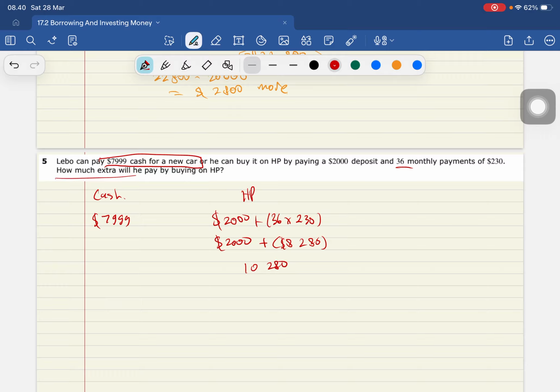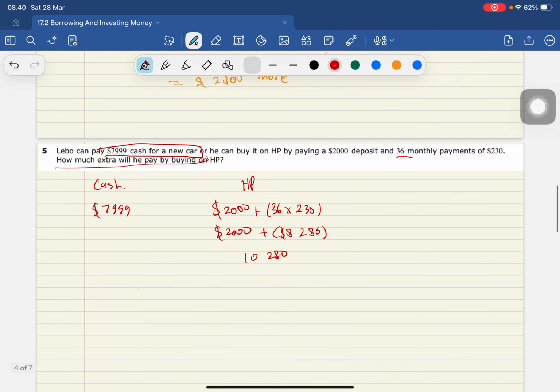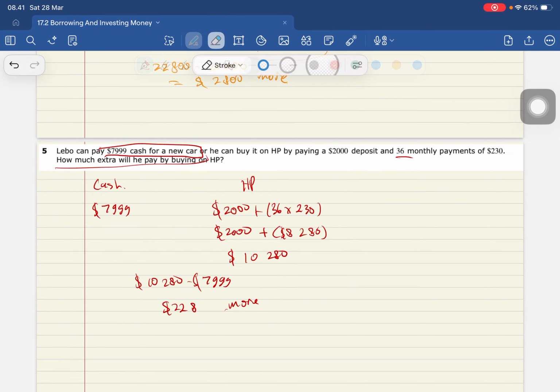We need to find how much extra he will pay by buying at the hire price, so find the difference: 10,280 minus 7,999. So the more is $2,281 more. I wrote it too much. Here, $81 more.